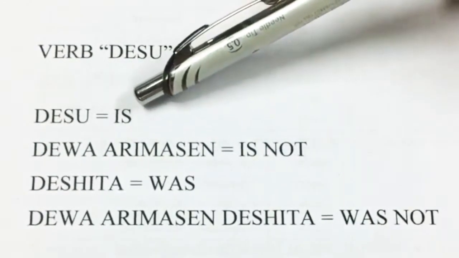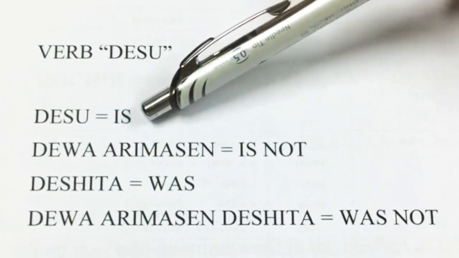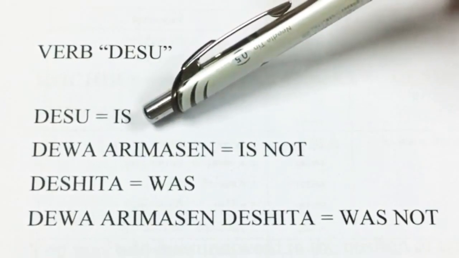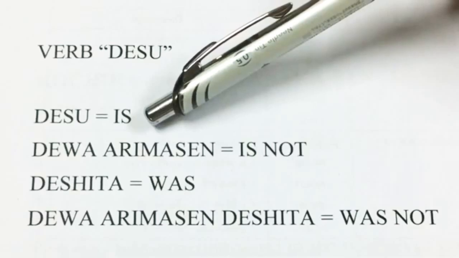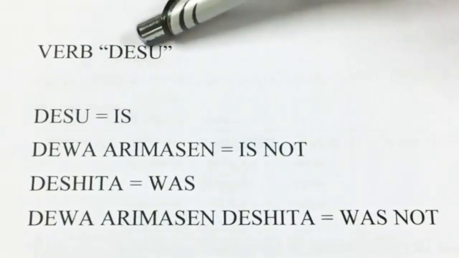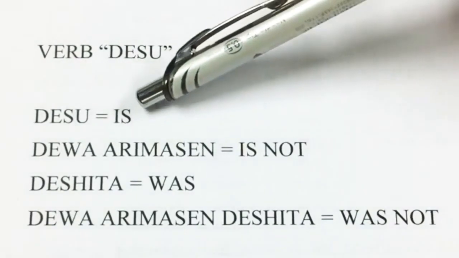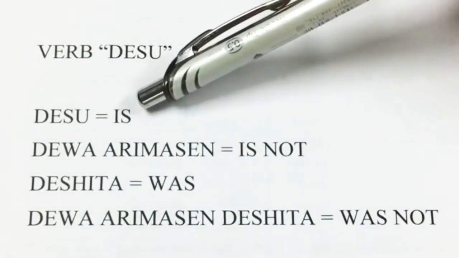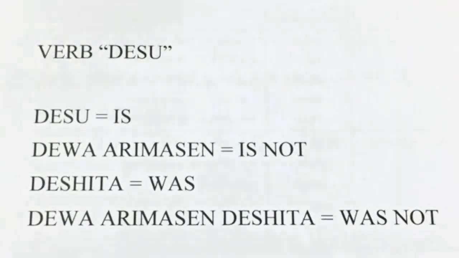For example, I am a student, I am a teacher, he is Mr. Tanaka, the car is blue, something like that. So this, we put it at the end of a sentence, and the meaning is like "is, am, are" in English.